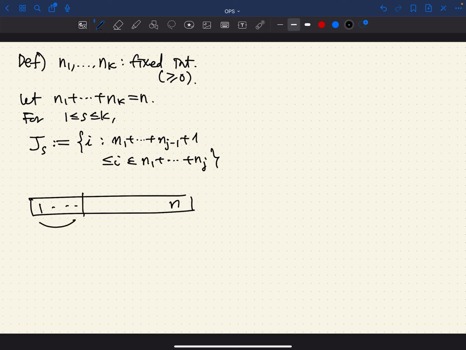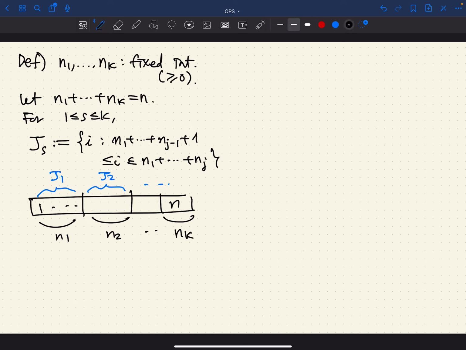I'm going to divide this into n1, n2, like this, nk. The set of elements here is going to be j1, the set of elements here is j2, etc. That's what I define this. Okay, just a formal way to define this partition.